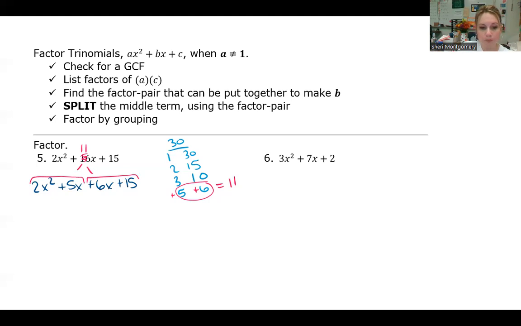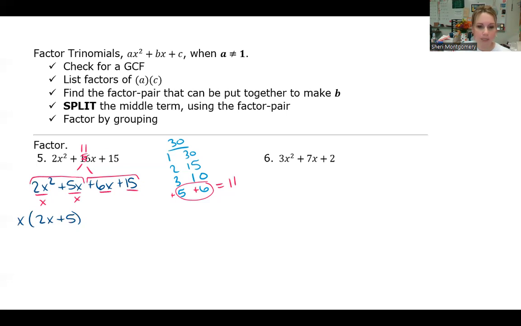In my first group, my GCF looks like it's just an x. I pull it out in front. I'm left with 2x plus 5. So my goal is to get another set of parentheses that's got 2x plus 5.